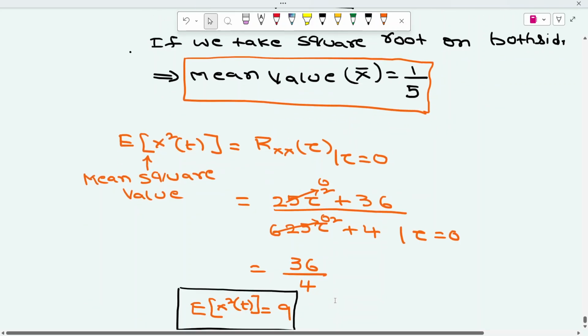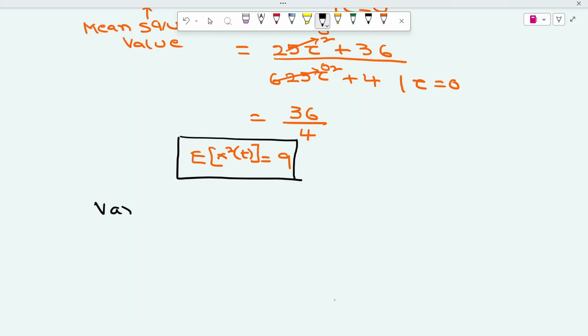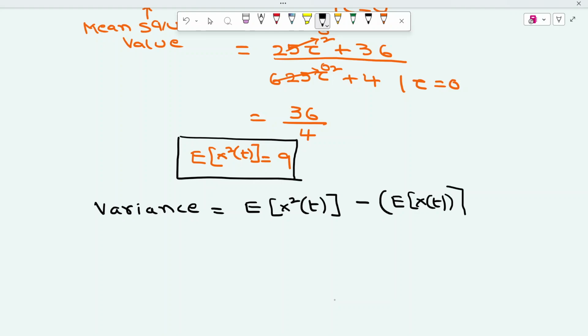So now we have the mean value and the mean square value, so we can find the variance. Variance is nothing but the expectation of x square of t minus the expectation of x of t, whole square. We have just now found the mean square value, which is 9.